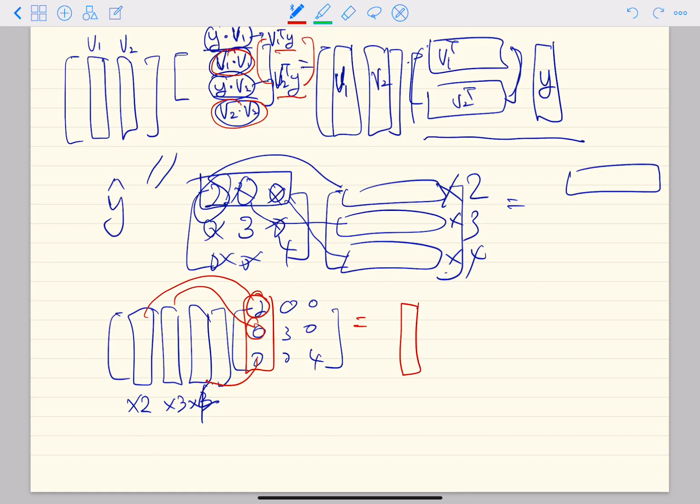And so, okay, we made this guy to form this guy, but yeah, we can multiply some diagonal matrix over here in this place, right?